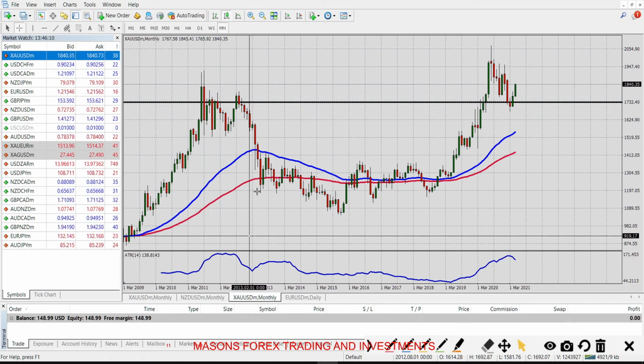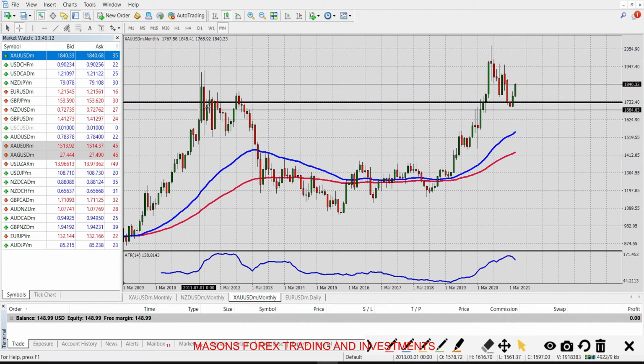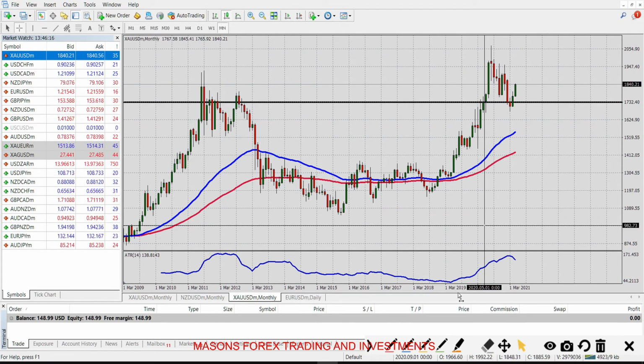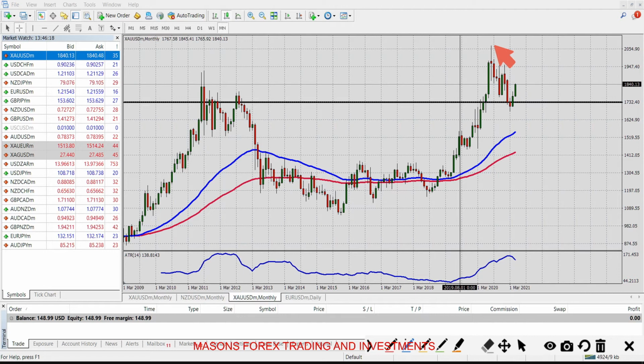You can see it's many years the price has reached this area, this price level of 2054.90, pulls back or retraces in this significant area, and then it moves higher.